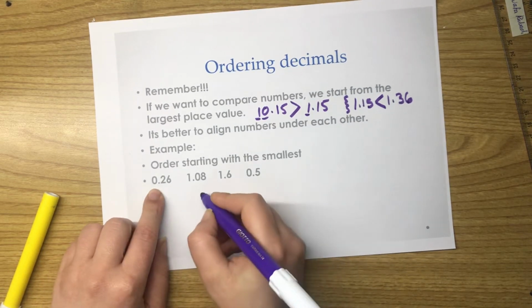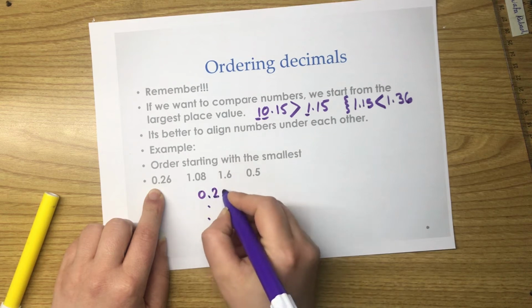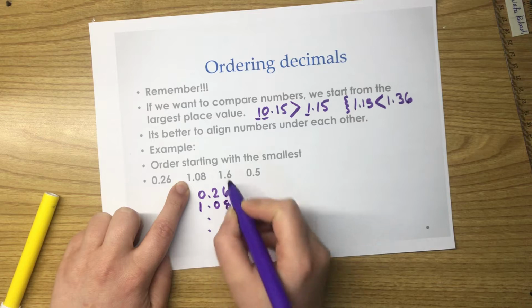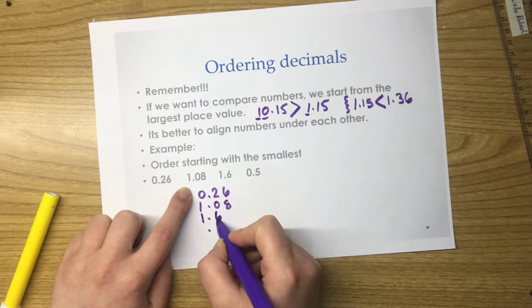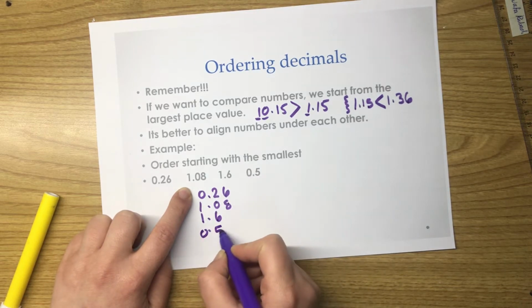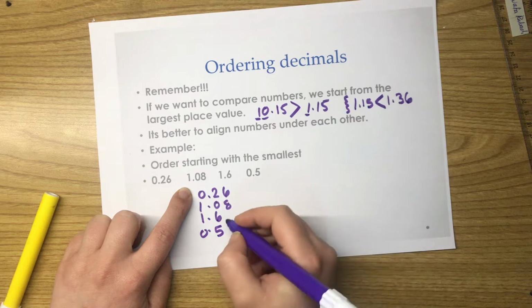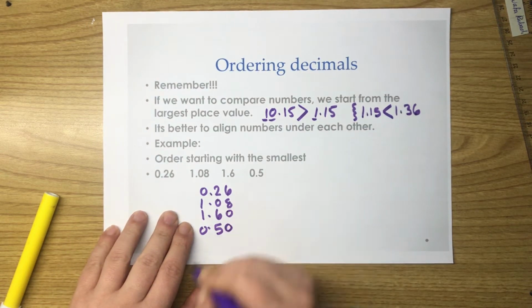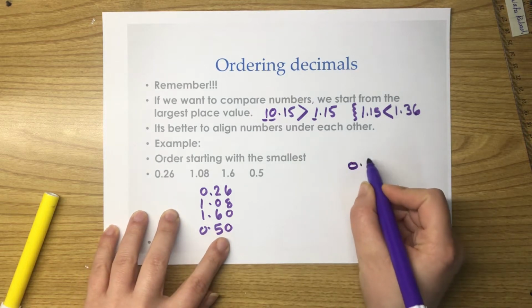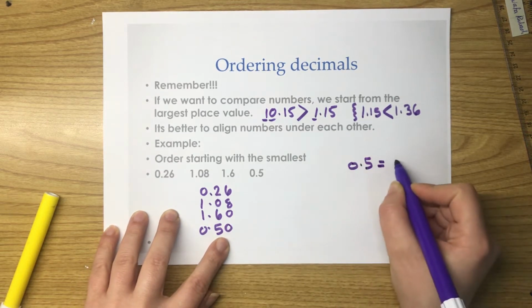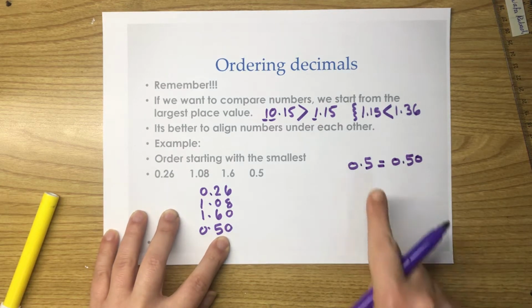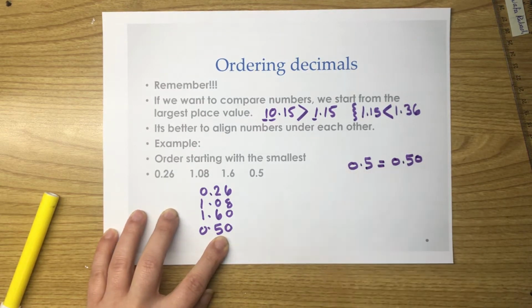The first one is 0.26, then 1.08, then 1.6, then 0.5. In the empty places, you can add zeros. Remember that 0.5 equals 0.50. They are equal.